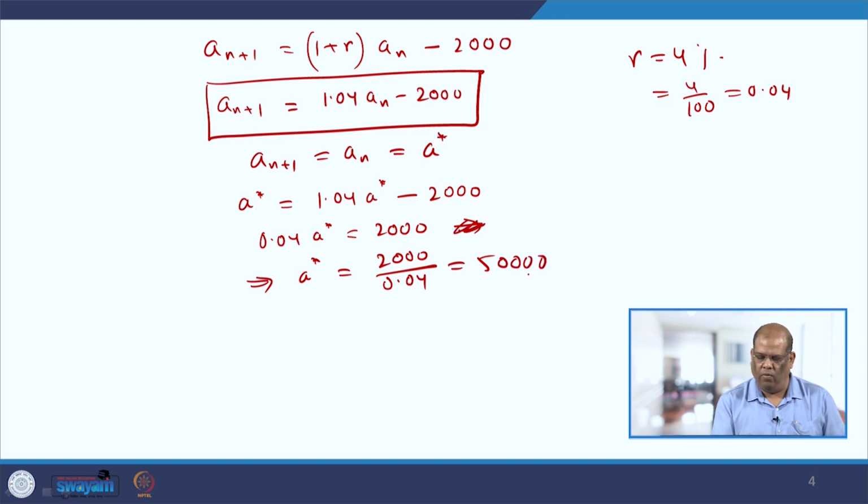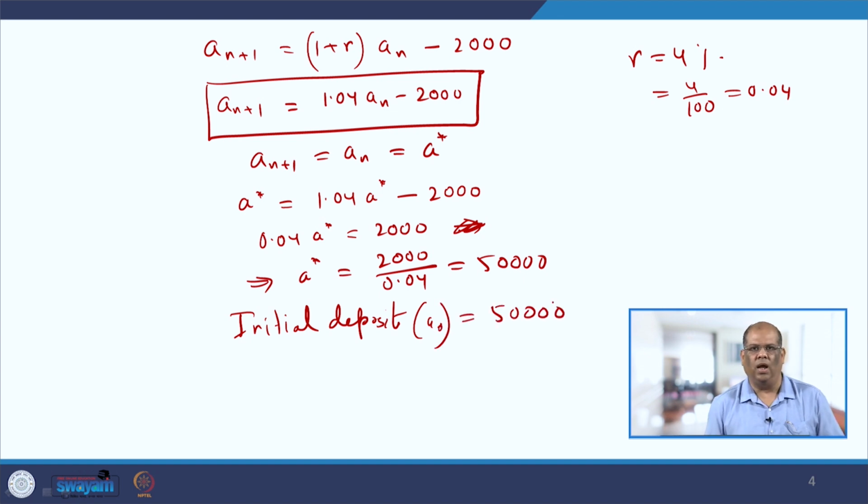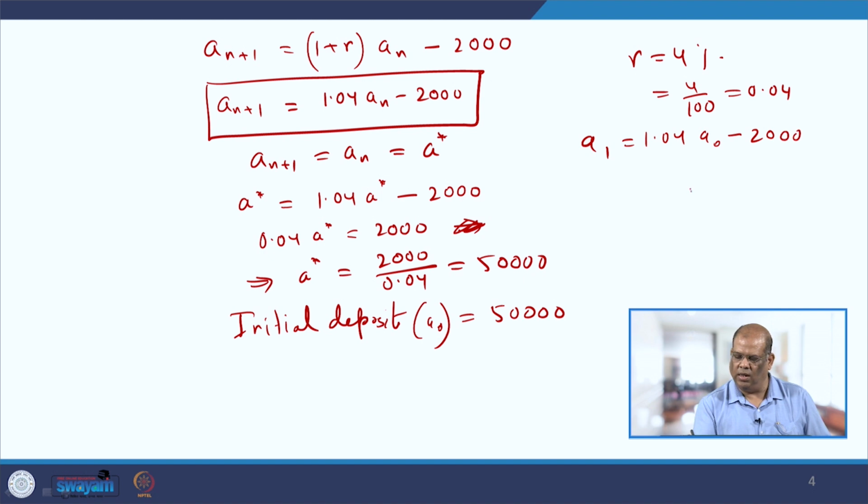So, if you make an initial deposit A0 to be 50,000, you will see that you never run out of cash. For example, if you take A1, which is 1.04 into A0 minus 2000, and substitute this A0 here, you will get the same 50,000 back here.